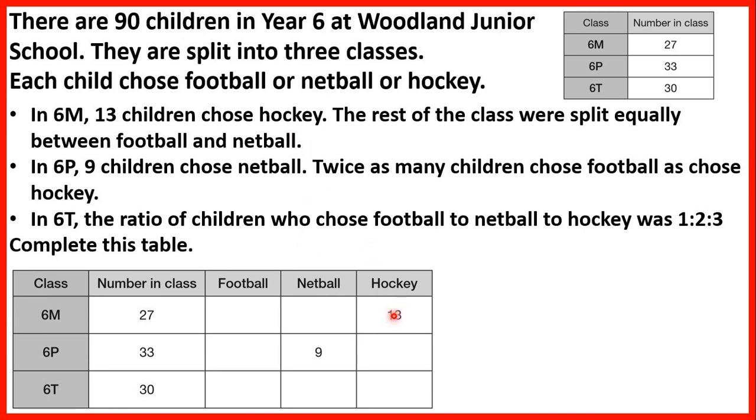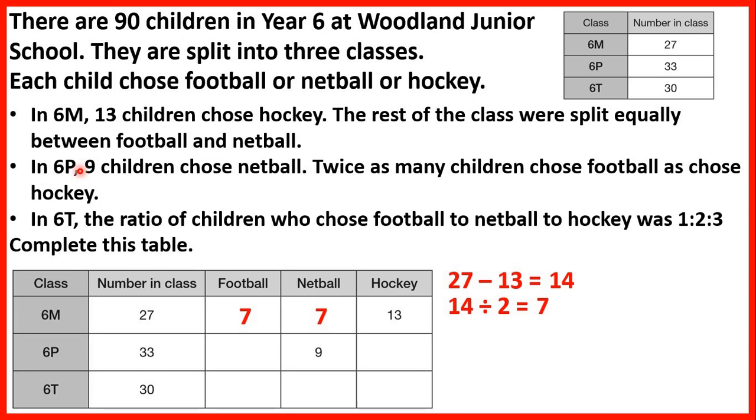So we know that 13 chose hockey, and if we subtract that from the 27 children in the class, that tells us that 14 children either chose football or netball, and they were split equally. So if we divide 14 by 2, that tells us that 7 children chose football and 7 children chose netball.